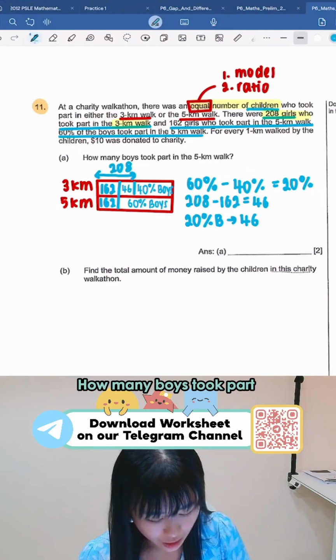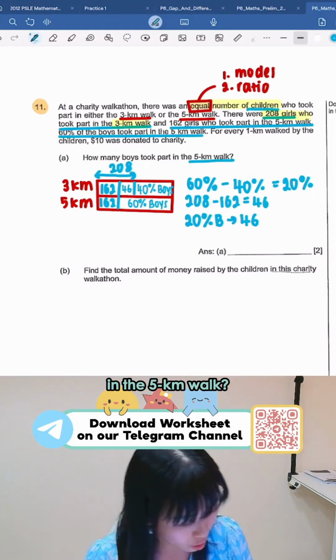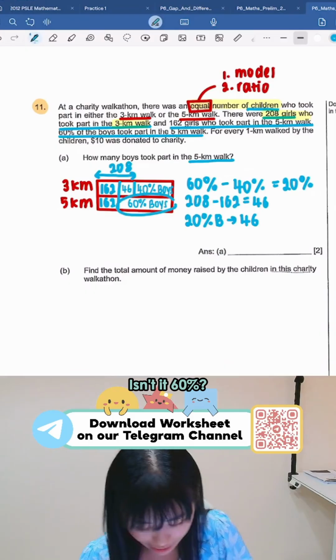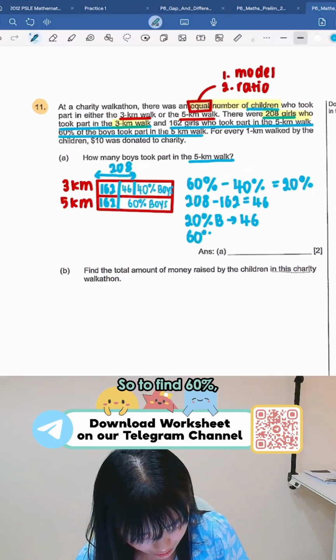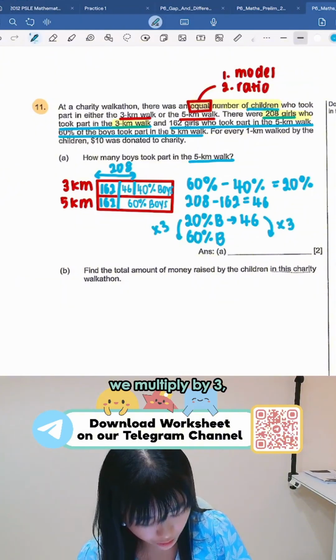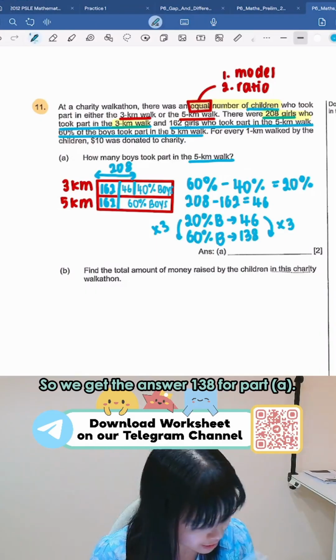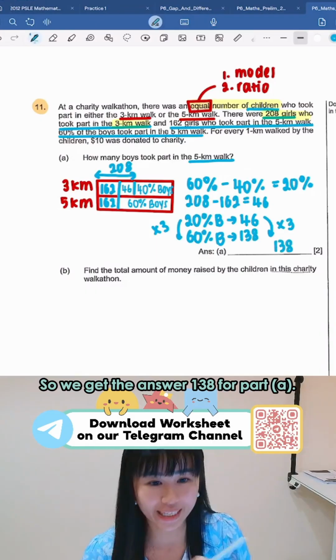Okay, Angela? How many boys took part in the 5 km walk? 5 km walk is 60%? Okay, so to find 60%, we will multiply by 3. Okay, we multiply by 3. So 46 times 3, 138. Yeah, so we get the answer 138 for part A.